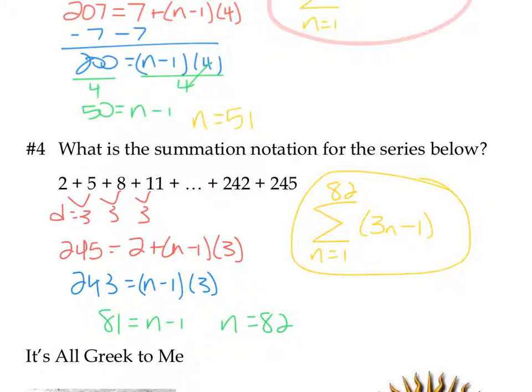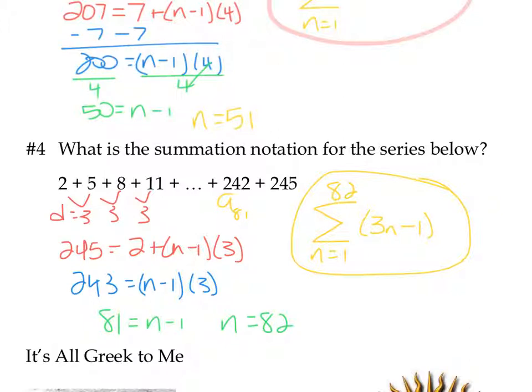This would be term 81, a sub 81. So I'd take an 81 and plug it in here. 3 times 81 gives me 243. Minus 1 is 242. Hey, what do you know? That worked. So we can see that the summation notation and the explicit formula I've written do actually work.